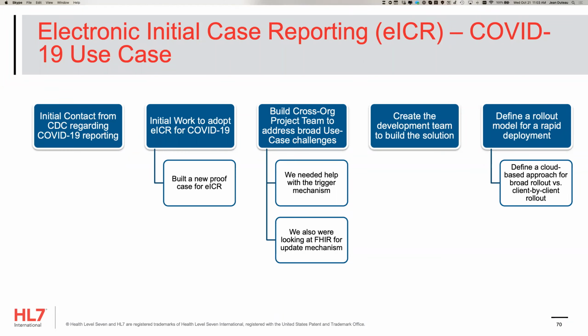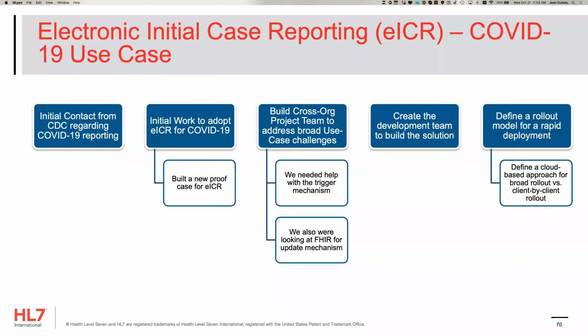It was actually abandoning the approach that we were using for our original EICR approach. Interestingly enough, we're using an approach that is calling FHIR resources to gather the data and then puts that into a CDA format.